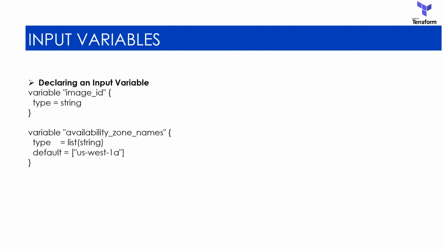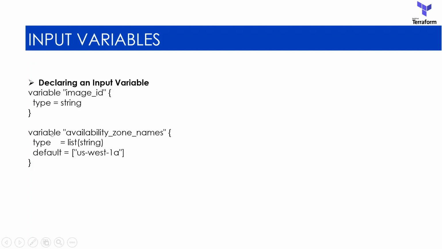In declaring an input variable, start with the variable keyword, then in double quotes the name of your variable, and then curly braces, and type equals the type name, like string.